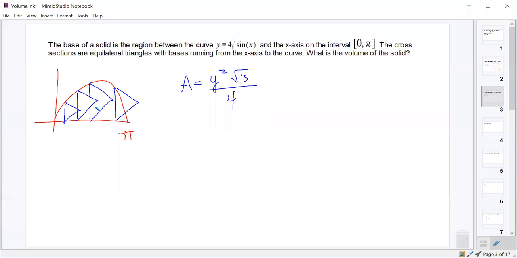And so our side here, each one is equal to y, the value of the function. So that's going to give us, if we square y, 16 sine x √3 over 4, or 4 √3 times sine x. And so our integral will become 4 √3 times the integral from 0 to pi of sine x dx.